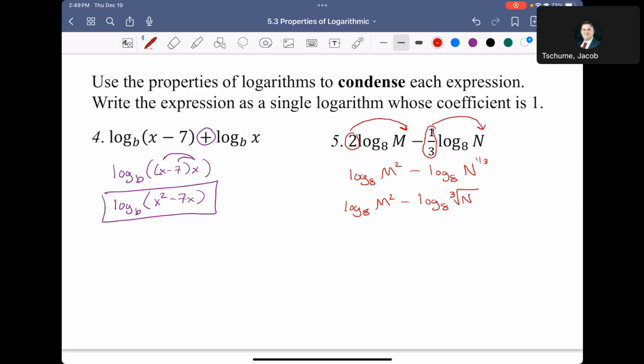These two logarithms are being subtracted from one another. From our rules, subtraction means you can condense them with division. So this would become log base 8 of the first term, m squared, divided by the second term, the cube root of n. And this is your fully condensed logarithm for number 5.